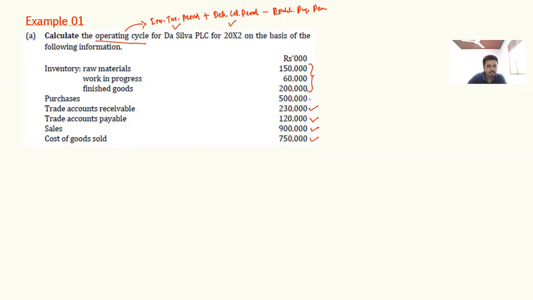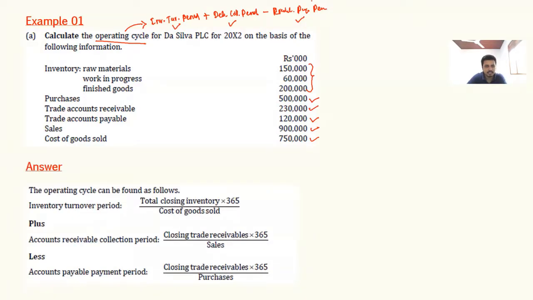That needs to be divided by 500,000, and we have to assume that this 500,000 represents credit purchases. So 120,000 divided by 500,000 into 365, we will get the creditors payment period.